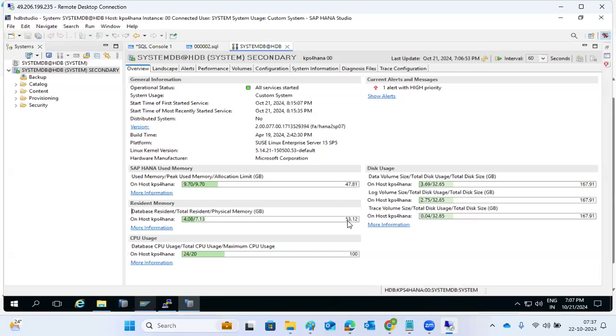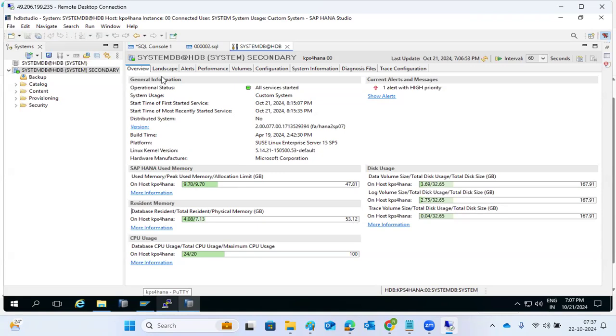So this is the OS code plus HANA total. But this is only HANA used memory, meaning only how much HANA is using. That is the only information here. But some of the statistics are showing wrongly here.